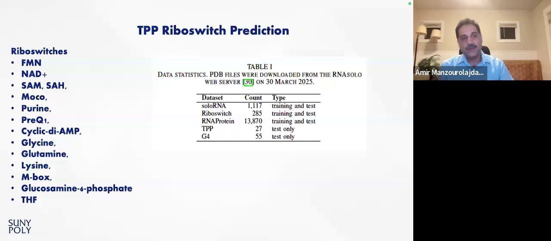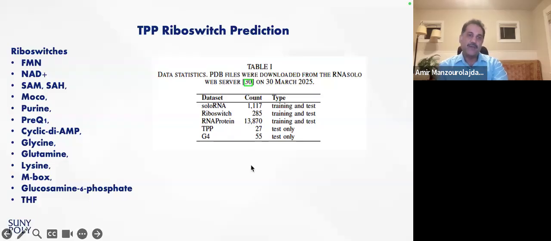In order to do that, we gathered 3 different data sets. One was just solo RNAs, which is around 1,000 sequences, as you can see here, mostly consisting of microRNAs and ribozymes and other small RNAs, as well as long RNAs such as ribosomes.